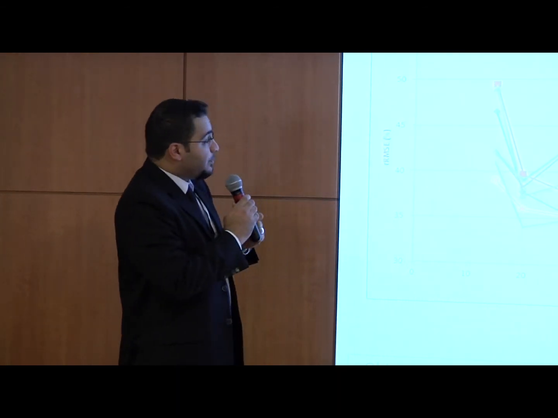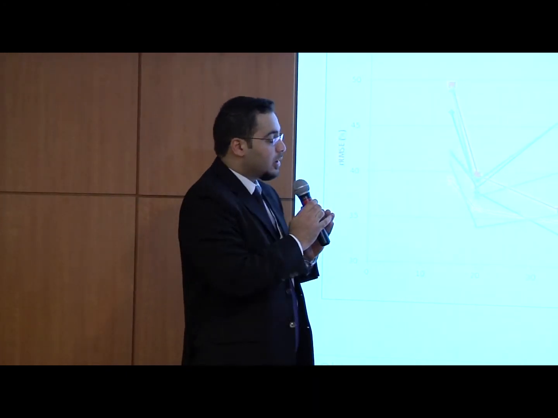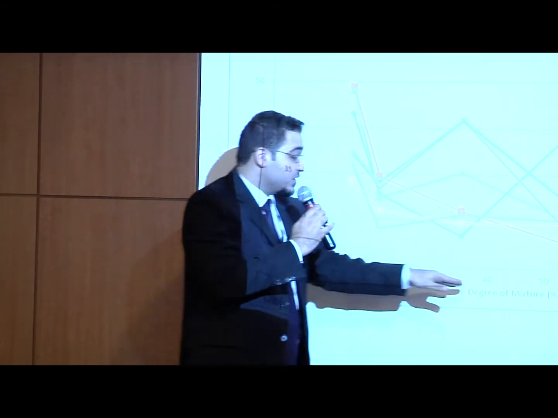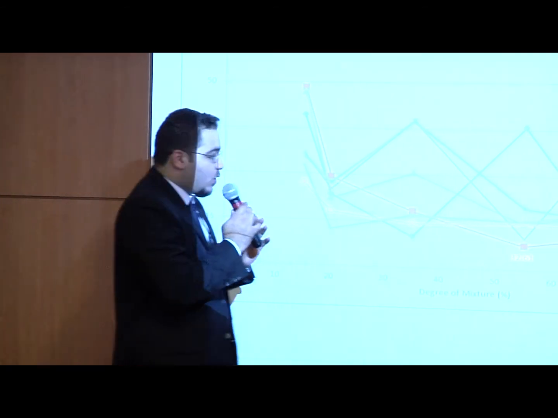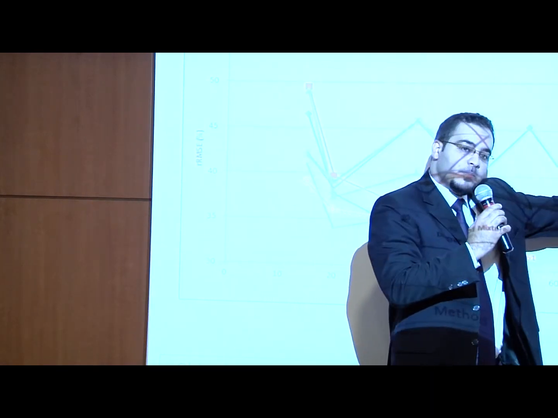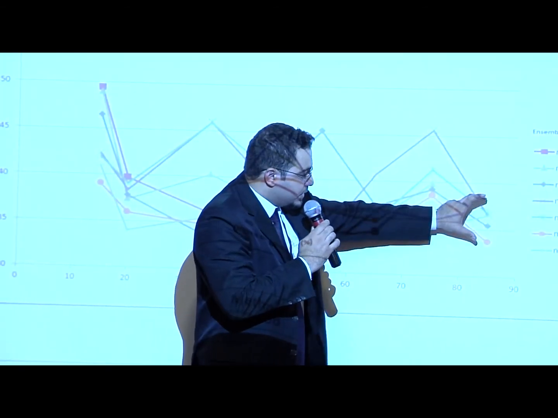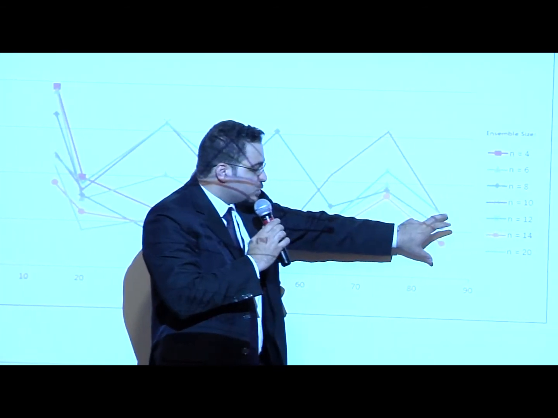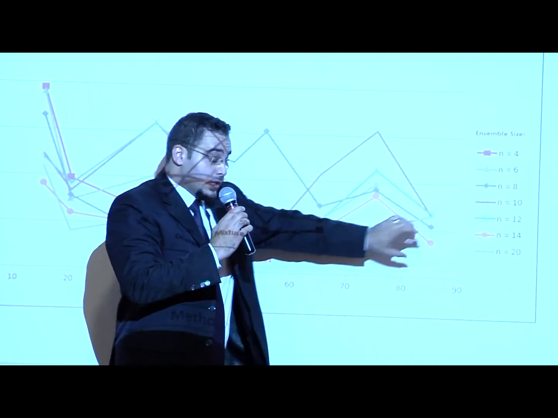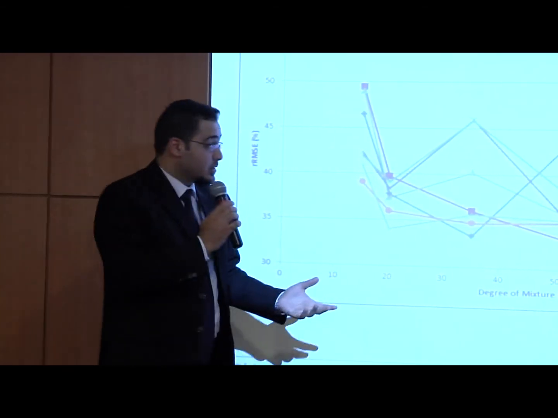You can clearly notice this oscillation for each of those ensemble sizes as the degree of mixture increases. However, the values become very close as the degree of mixture saturates.